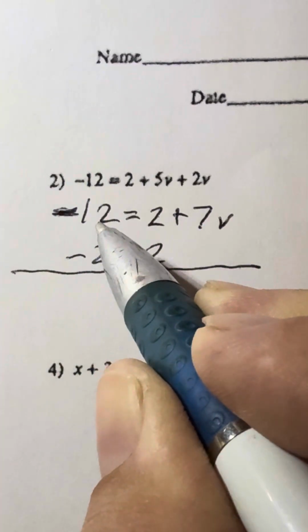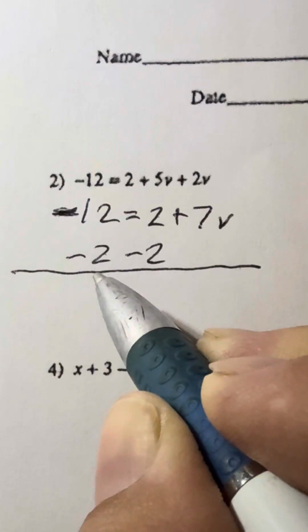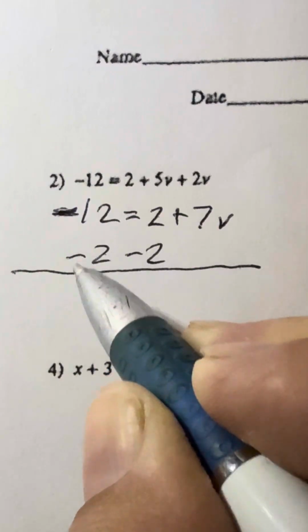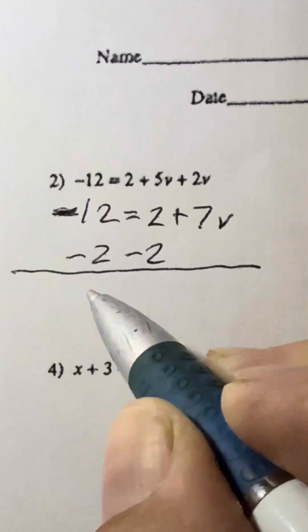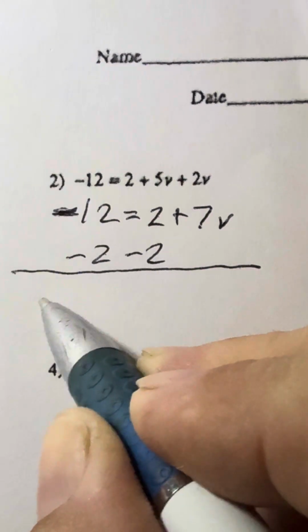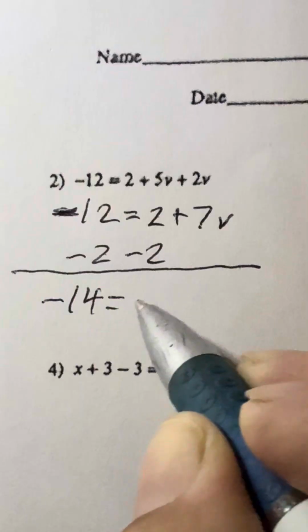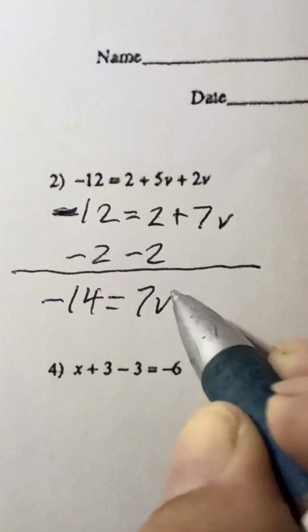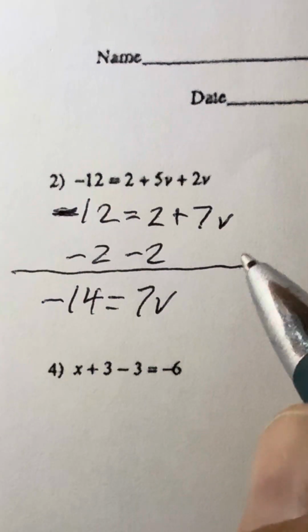You have a negative 12. You're subtracting 2 more, so it's going to be more negative because you're taking 2 away from a negative. So negative 12, negative 13, negative 14 equals 7v. All I did was recopy the 7v.